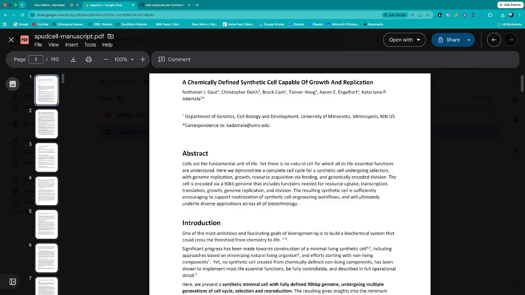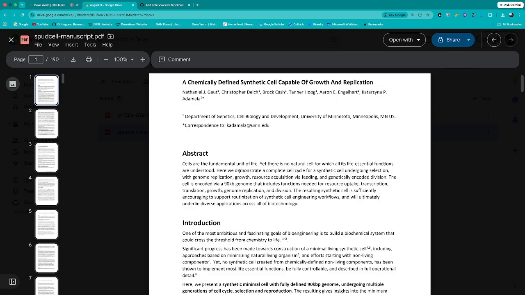That's also another fundamental aspect of life. And so the cell is encoded via a 90 kilobase genome that includes functions needed for resource uptake, transcription, translation, growth, genome replication, and division. So they need to have a minimal genome, as I described before, that can do all these things. And of course, if you took those genes away from a cell, it wouldn't be able to do these things.